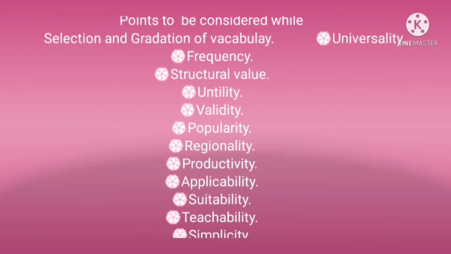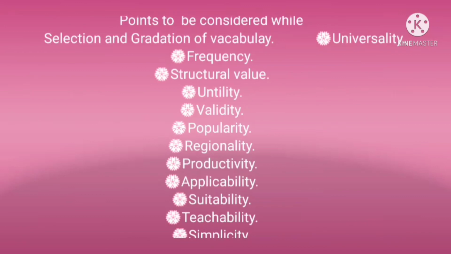The first is universality. The words selected should be of universal use in almost all walks of life. And the next is frequency. The words which are most frequently used in speech and writing are the best words for the pupils to acquire first. And the next is structural value.